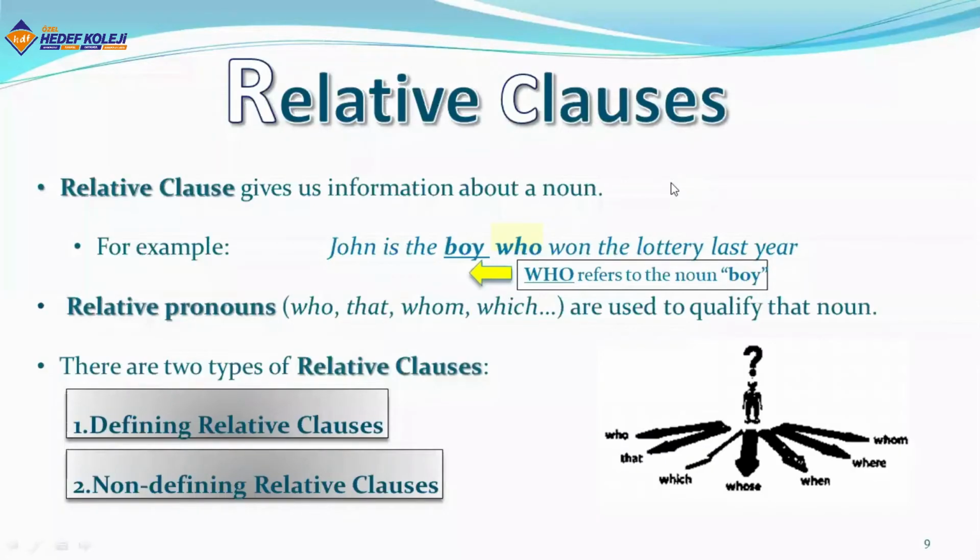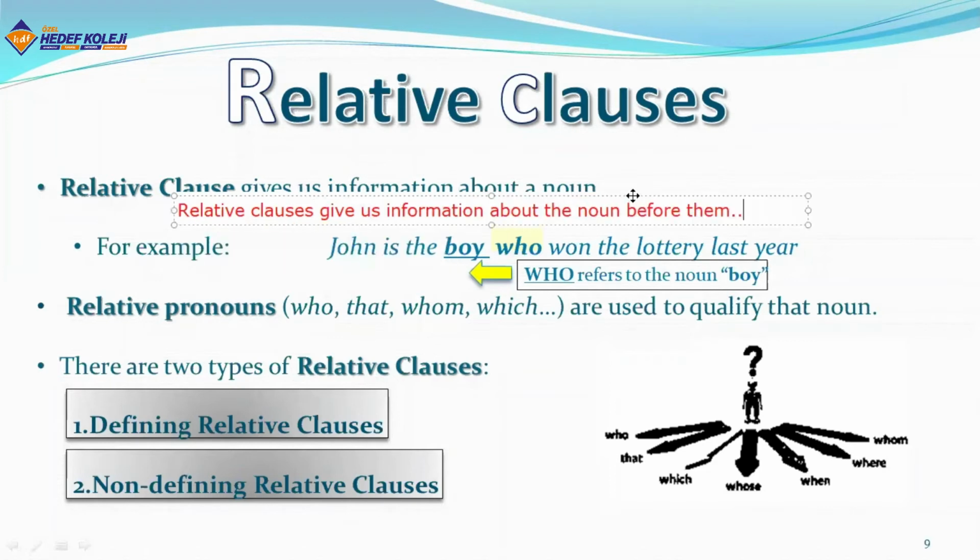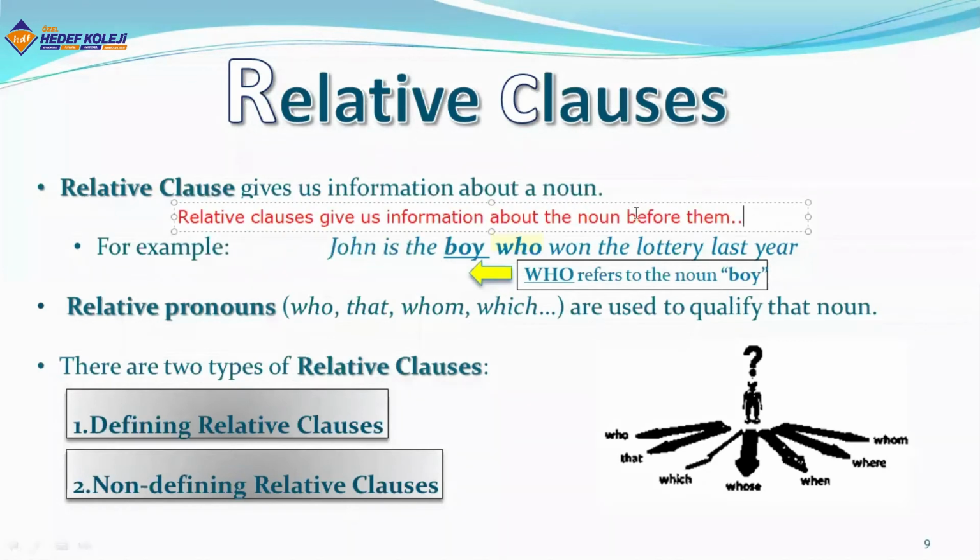Okay. Relative clauses give information about a noun. Another important point is this: relative clauses give us information about the noun before them.